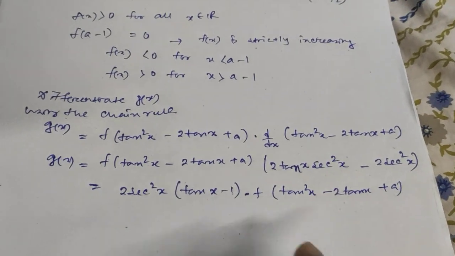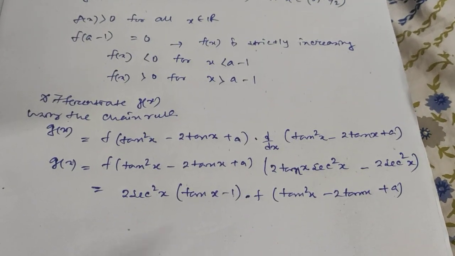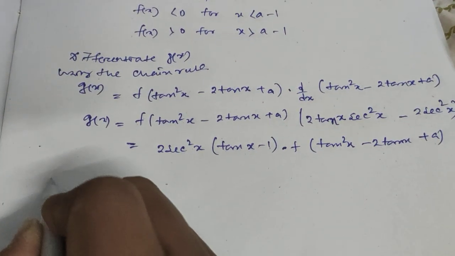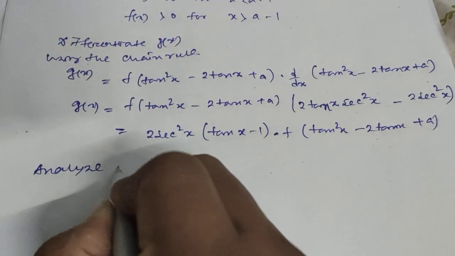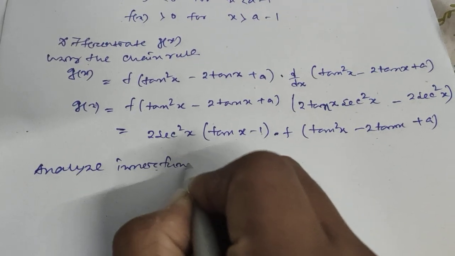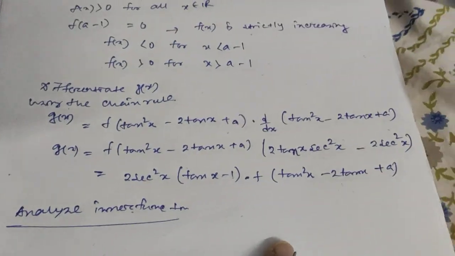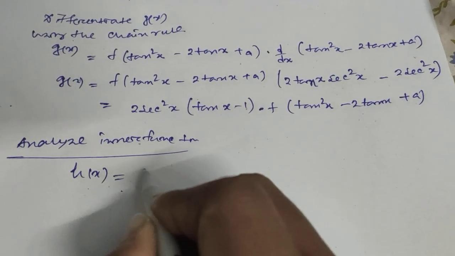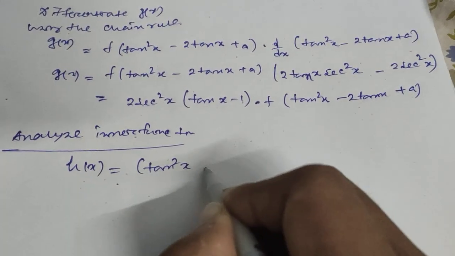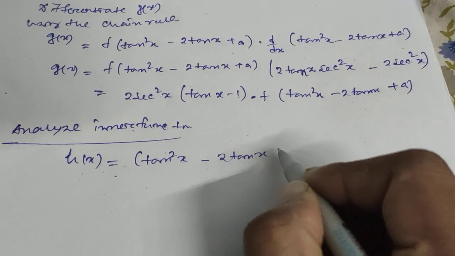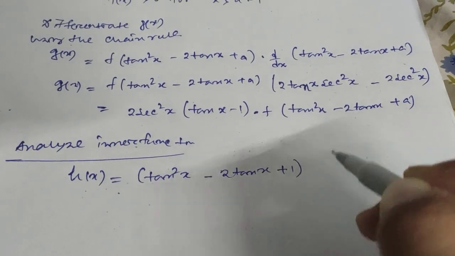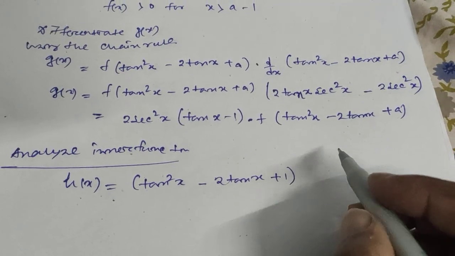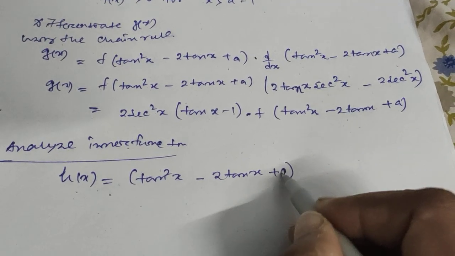Now analyze the inner function. Let the inner function, now the next step is to analyze the inner function. So what we will do, h x equals tan square x minus 2 tan x plus 1, okay, not 1, it is a.